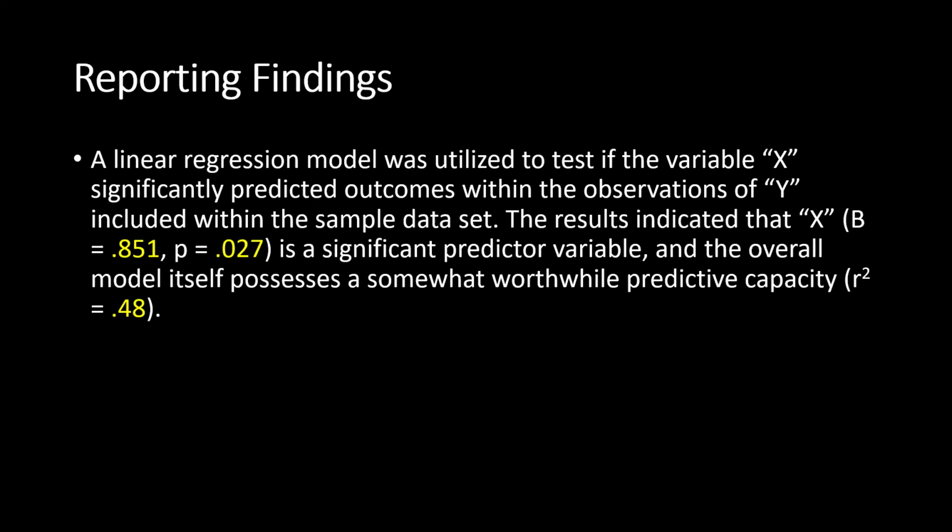And in a perfect world, you'd prefer that every variable within your model, as it pertains to variable significance, be lower than an alpha value of 0.05. So the p should be lower than 0.05 in a perfect world for every variable included within the model.